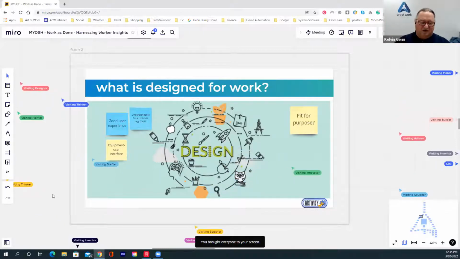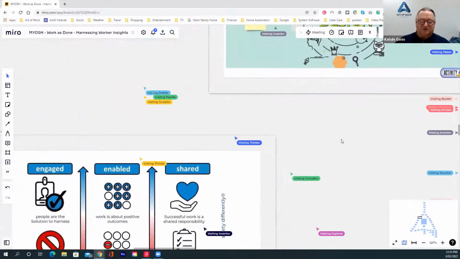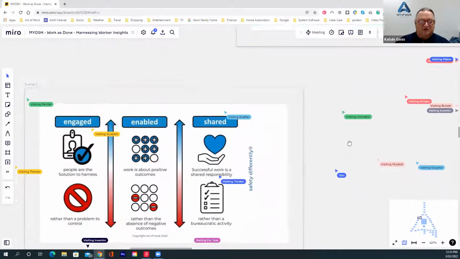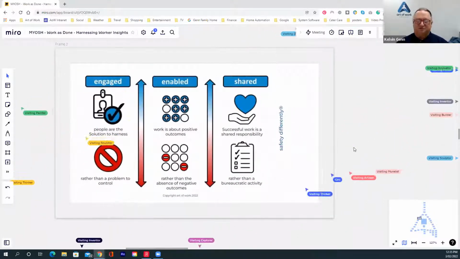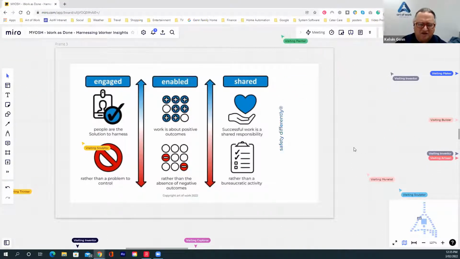Excellent. So I'm going to bring that forward, and you can still add some comments, but I'm going to touch on a couple of principles that are integrated into the discussion today. But really, just going back to the foundation principles around Safety Differently, the key to thinking about generating resilience and safety capacity are these 3 things.